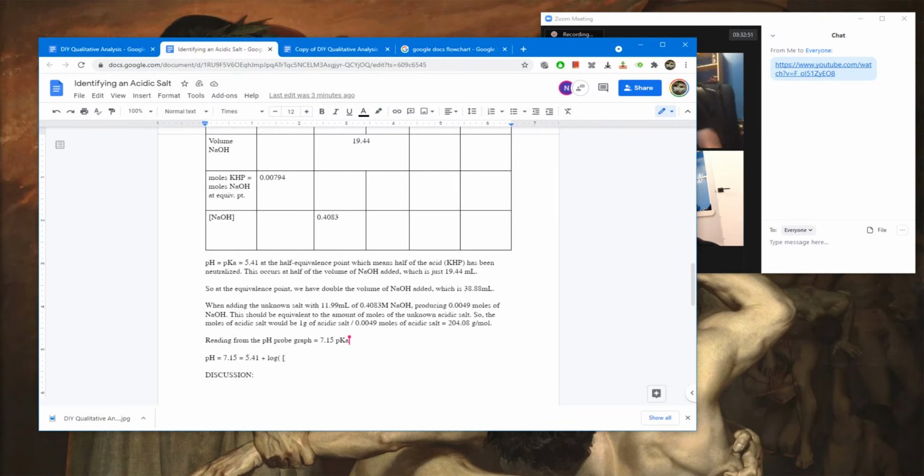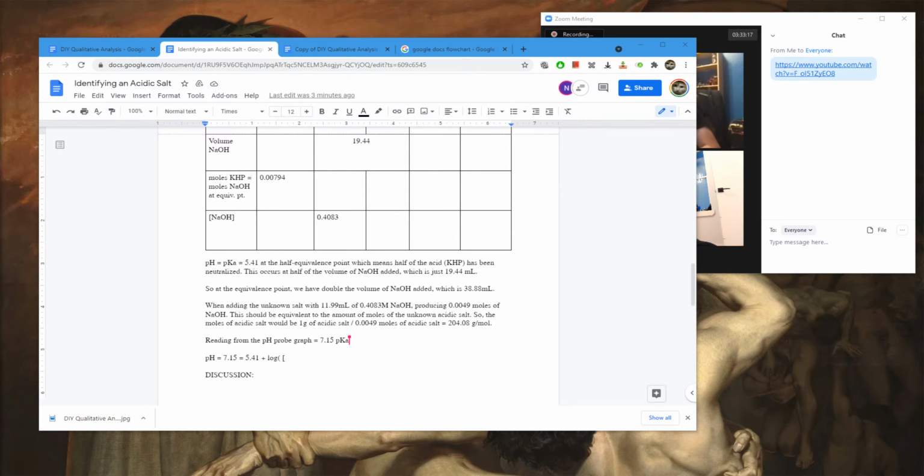You should basically get some number that is going to give you the difference between 7.15 and 5.41. So 7.15 minus 5.41 gives us 1.74. Let's take the anti-log of that.